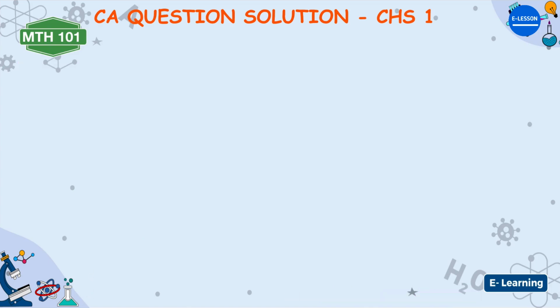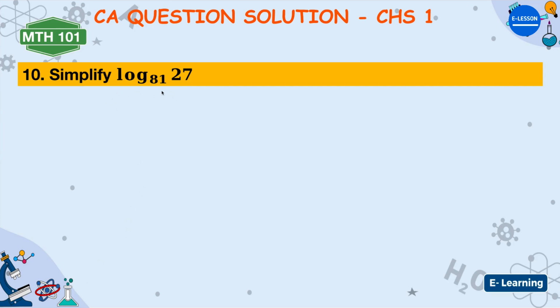Let's look at the next one. Next, simplify log 27 to base 81. How do we simplify that?